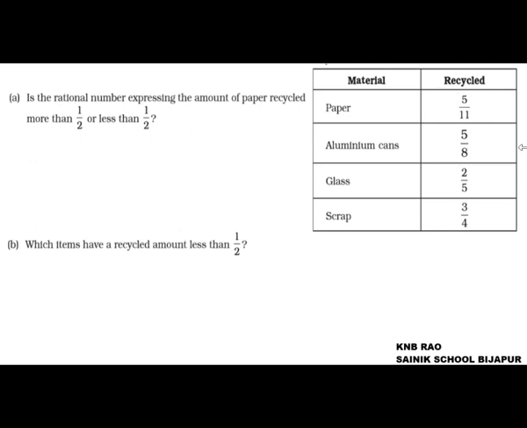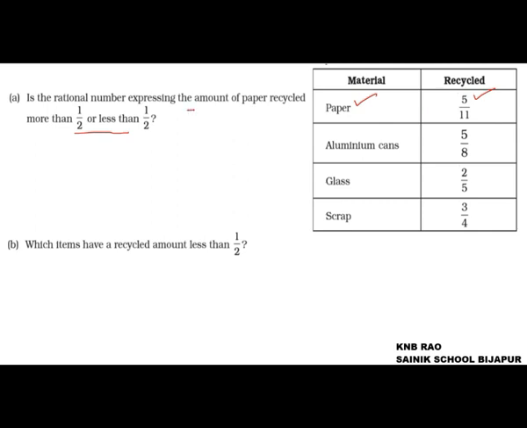So students, here if you want to compare the quantity of paper recycled represented by the fraction 5 by 11, whether this 5 by 11 is less than half or more than half, we have one common procedure which we learned: converting both 5 by 11 and 1 by 2 into the rational numbers to the same denominator.